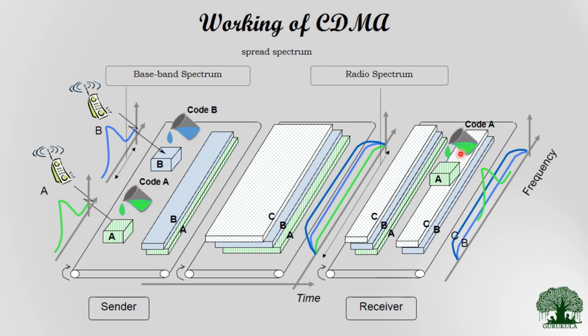Doing so will convert the wideband signal back to a narrowband signal, while all the other wideband signals remain as such, so that only this particular signal can be extracted and processed further for data replication. So this is the working principle of code division multiple access.